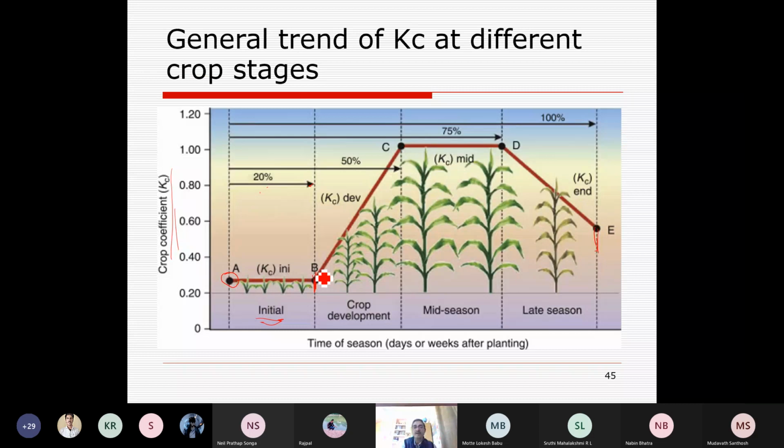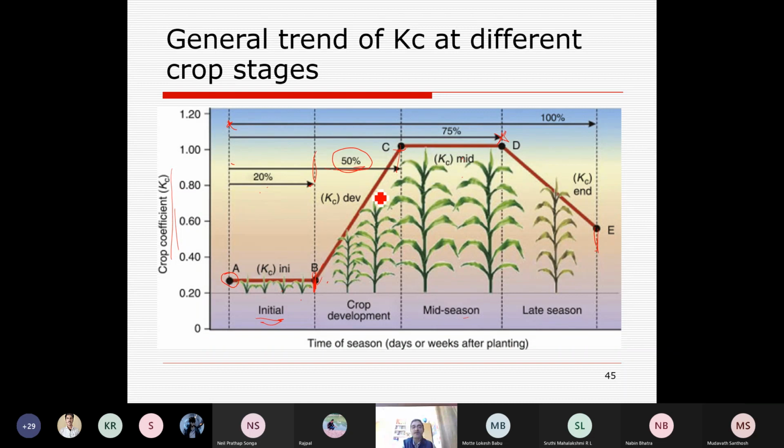So the crop development stage, from the beginning to here, is about 30% of the period between initial and mid. It was for the beginning and now it is for the ending condition. Somewhere here we can find the value of the crop coefficient. Then the mid-season stage, where from the starting of the crop it is about 70% of the time.